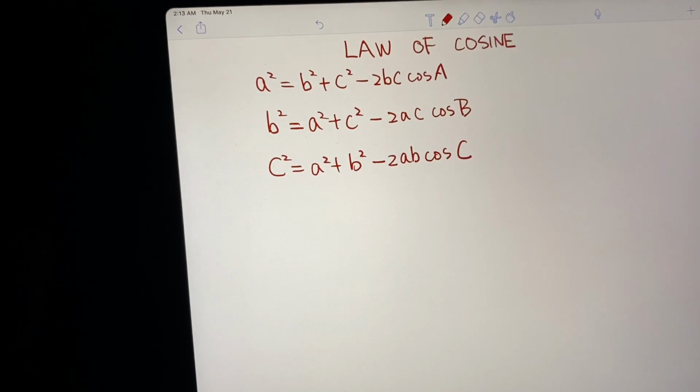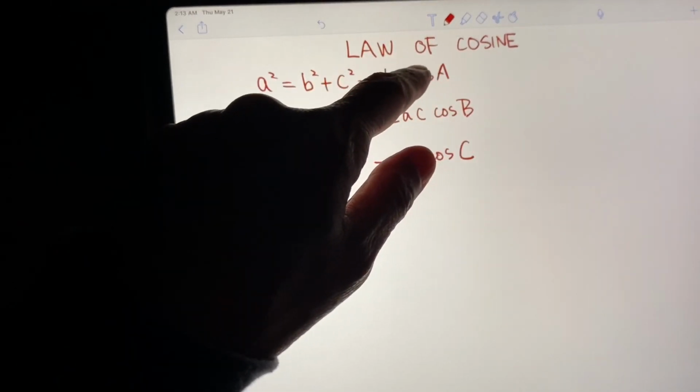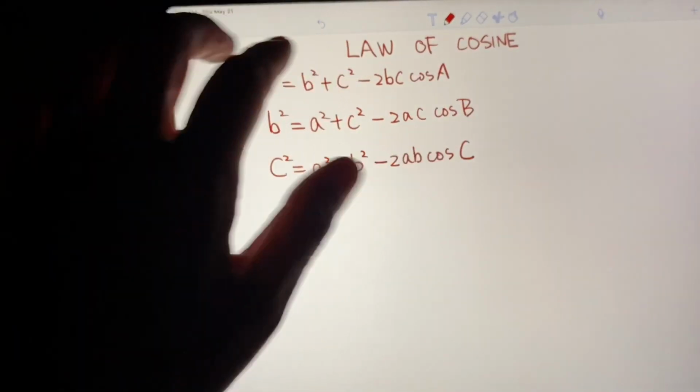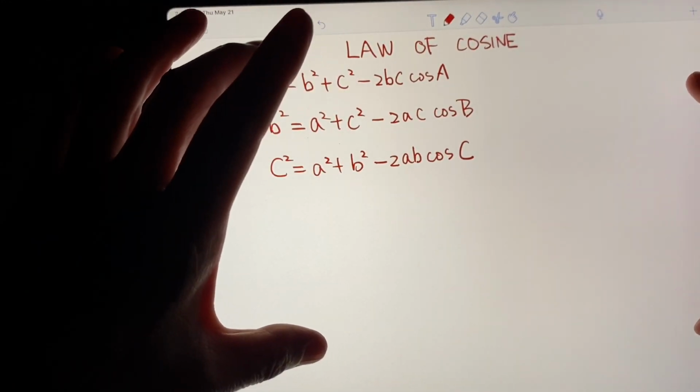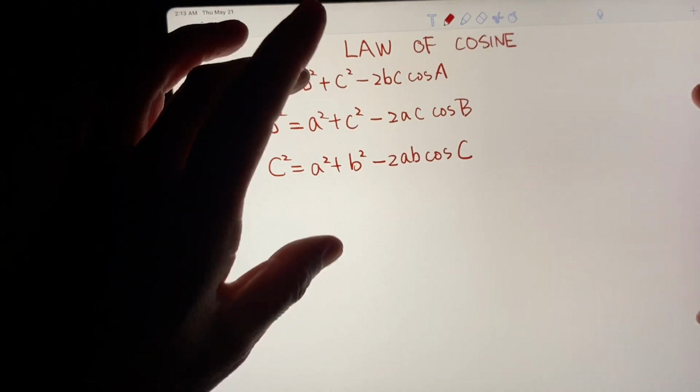There are different ways of writing it. You can put cosine A equal to whichever way you write it. This is the law of cosine.